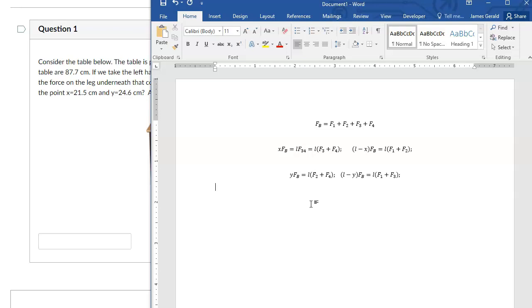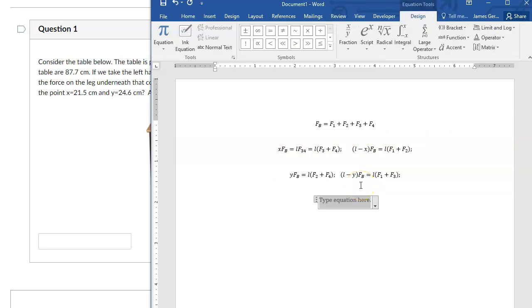So what I'm going to do is rearrange so that I've got F1 plus F2 equals, and F1 plus F3 equals, and we'll begin to find some patterns in what we have.